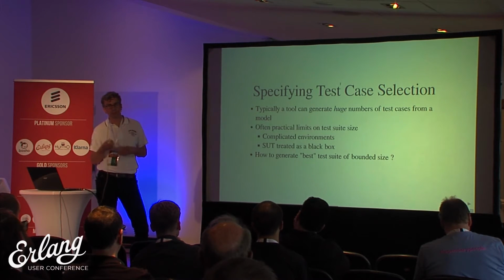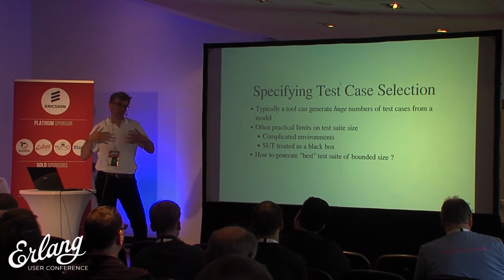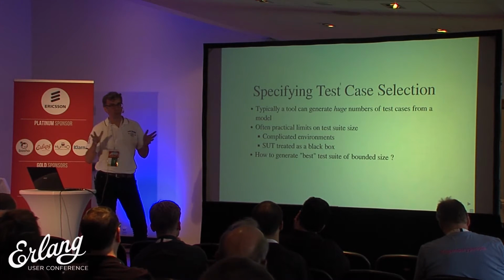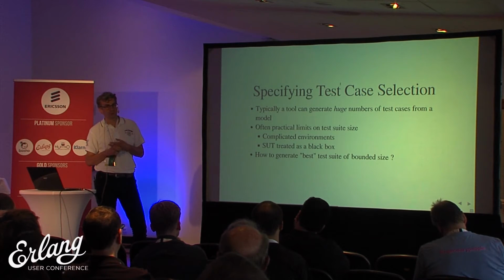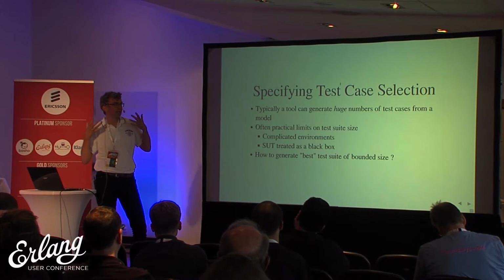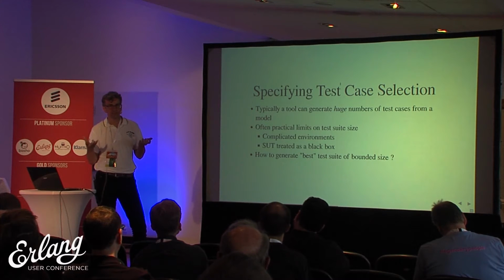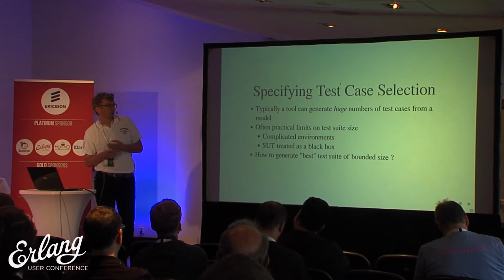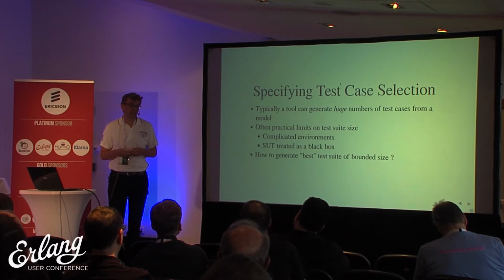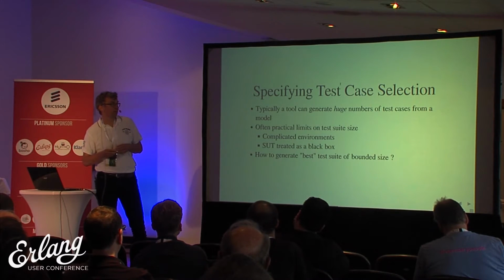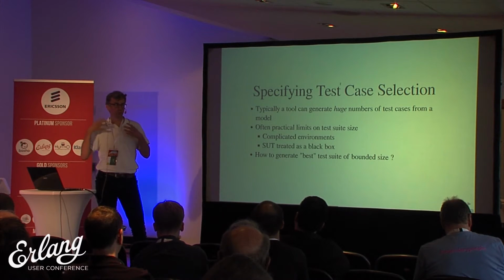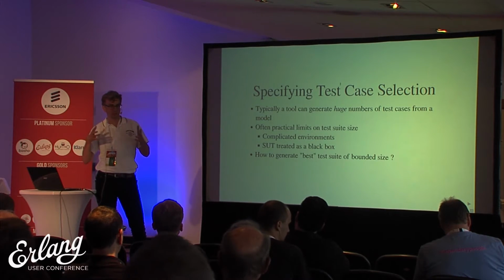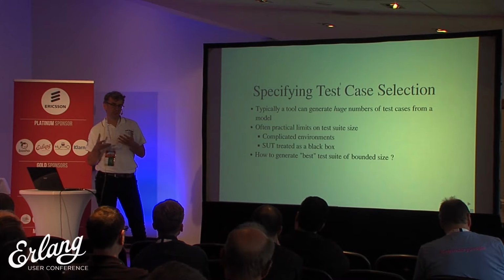Because typically you can execute your model in so many ways, and you get so many test cases. You have to select some of these test cases. Also, there are other practical limits on a test suite. I'm talking about larger systems here which operate in more advanced, complicated environments.